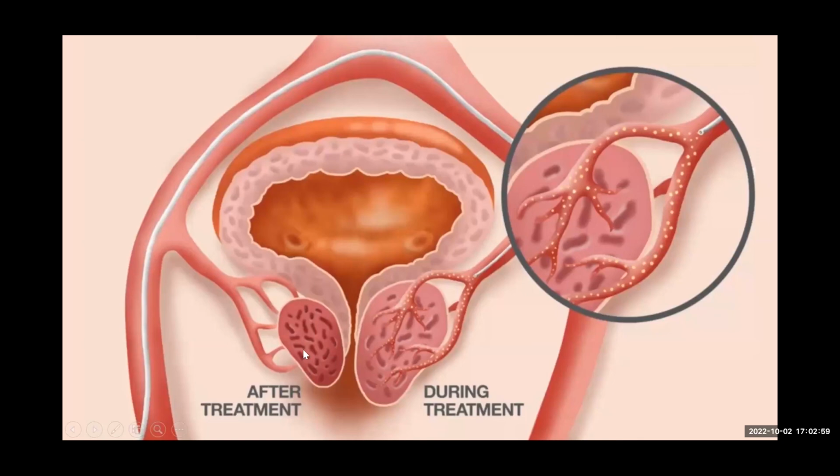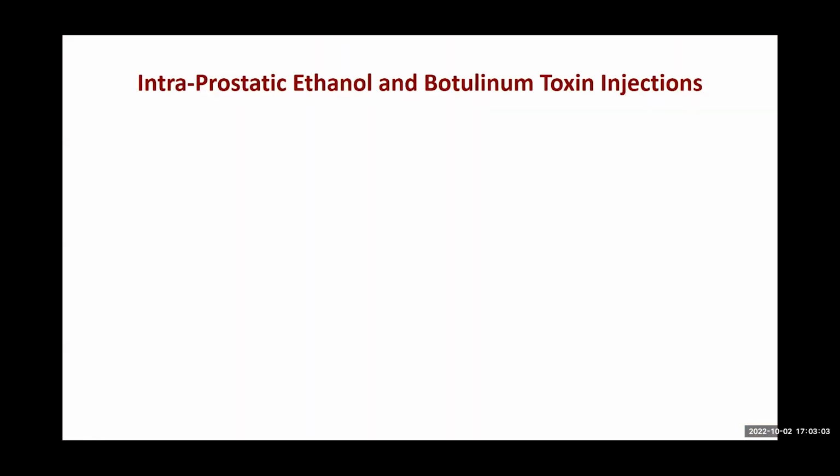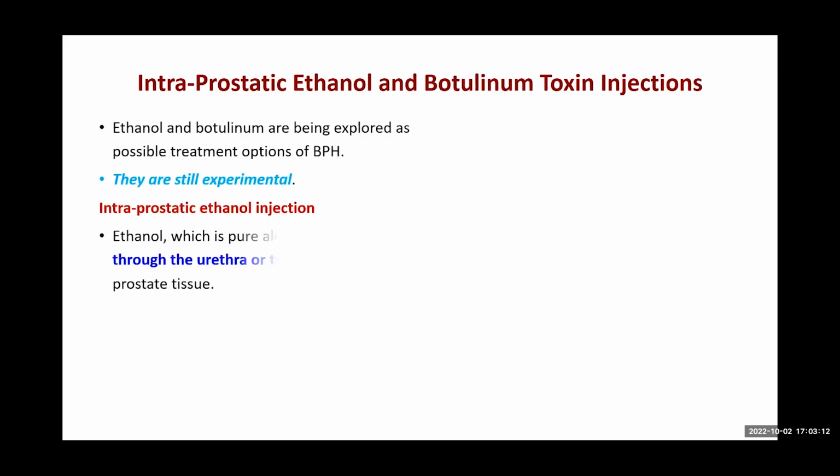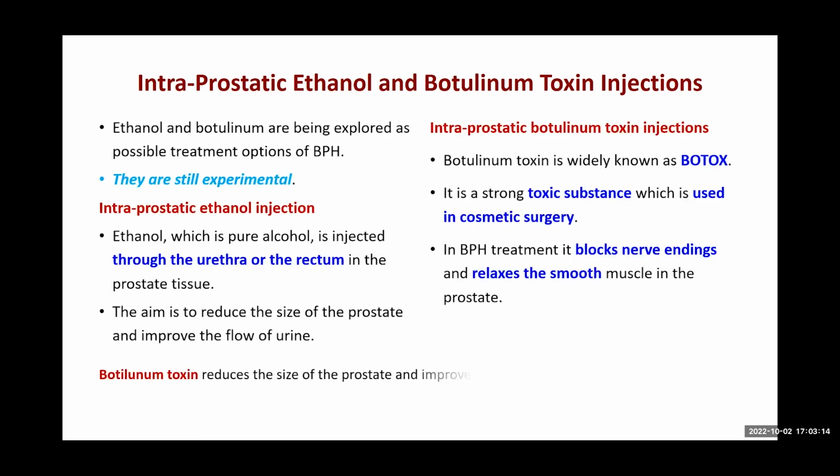And this is after treatment, and this is before treatment. All right. Then intraprostatic ethanol or botulinum toxin. Again, these are investigational treatments, and we will not go into details of these treatments.